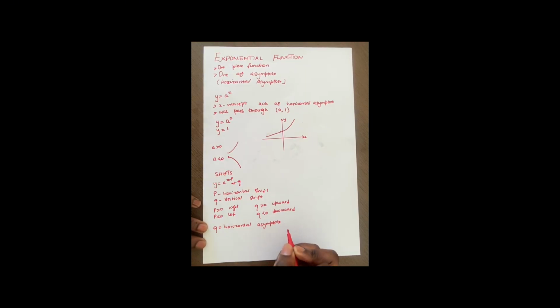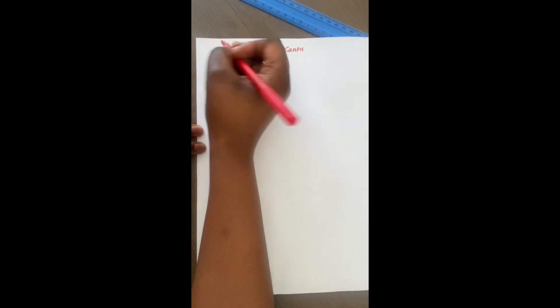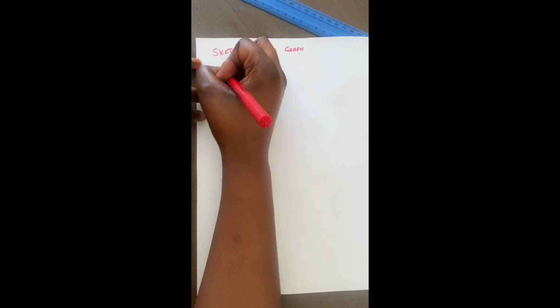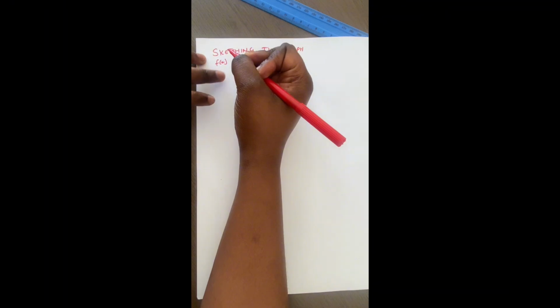Okay, so now we have to sketch the graph. Let's say they give f of x. Remember, this is functional notation. It's the same as y.